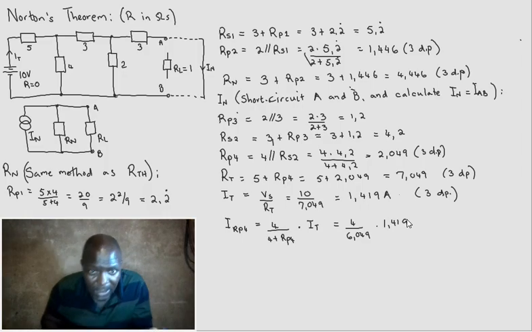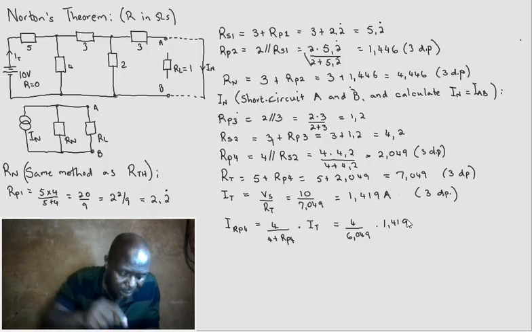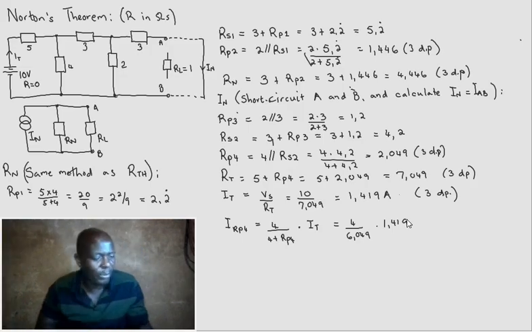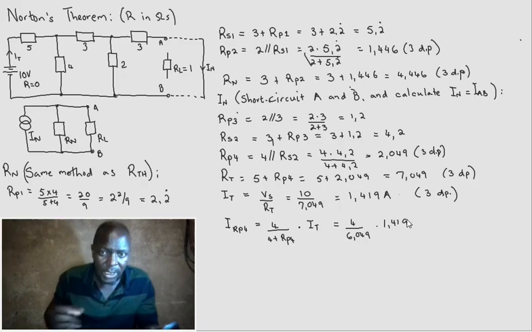Yes, it is times. Oh, I forgot 4 over. 4 divided by the sum of 4 plus recall B. All right, so now I'm going to have a correct answer. This is going to be 0.938.